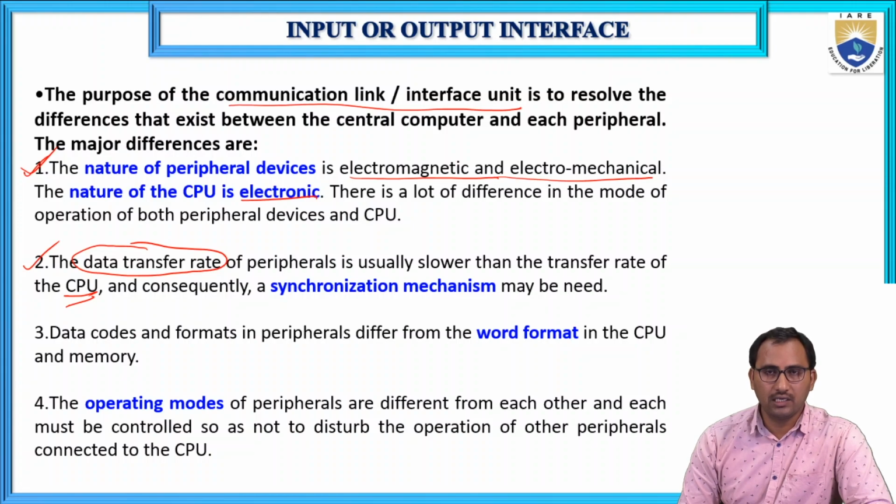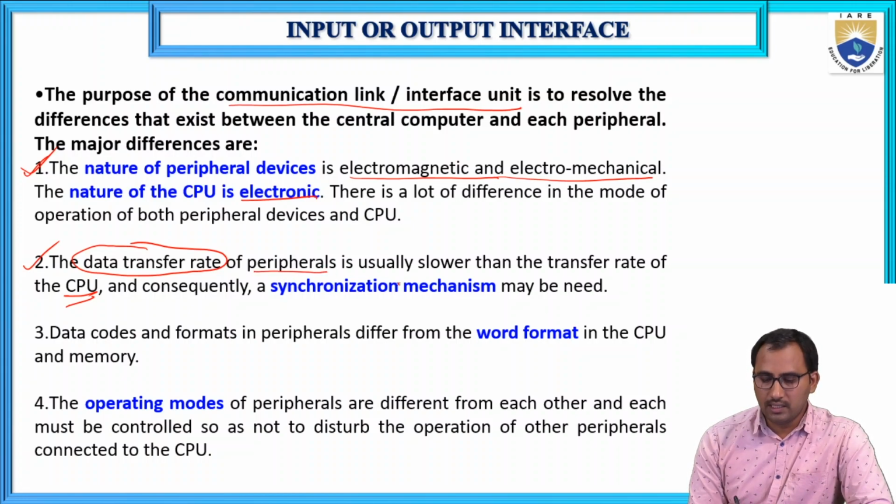That means it is very fast, very high speed, whereas the peripheral devices are very slow. So that's why there is a difference in data transfer rates. In order to synchronize their speed between the CPU and the peripheral devices, we need to use the interfacing circuit in between the CPU and the IO devices.